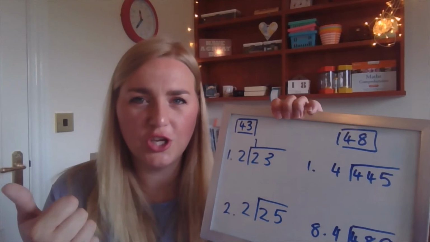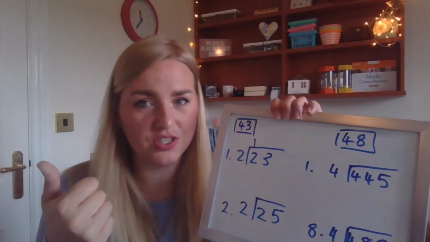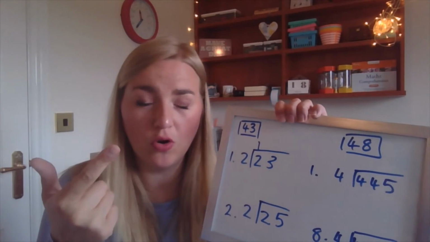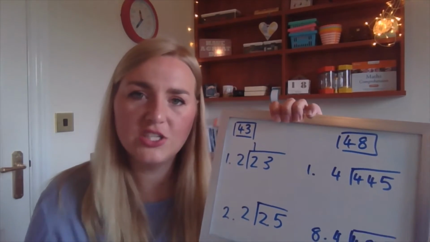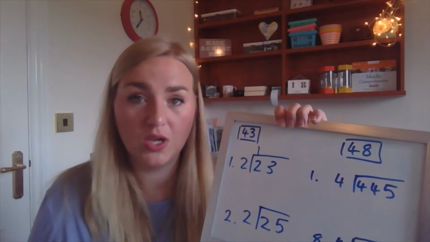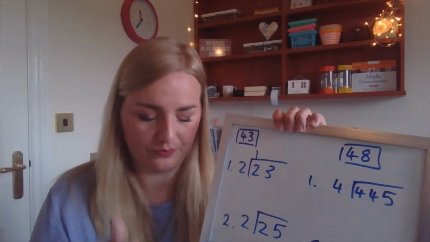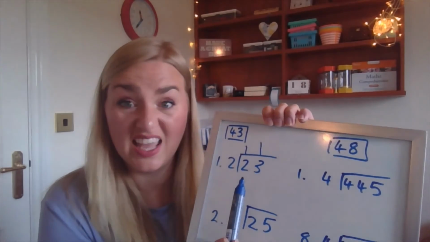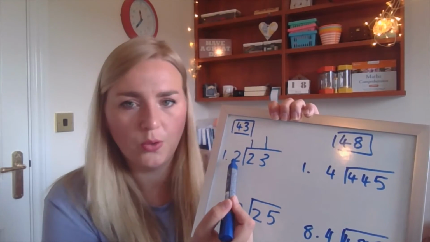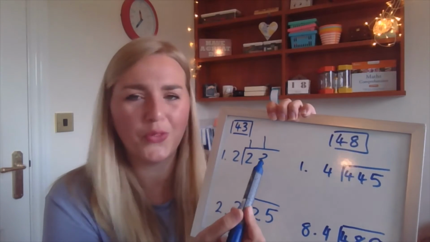If I count up to 2 once, it's not enough. If I count up to 4 2 times, it's too far. We need to go on the lower side. So we're going to count up just once, so 2. So that's once. But I know if I do the inverse, 1 times 2 is 2, but I've got 3.